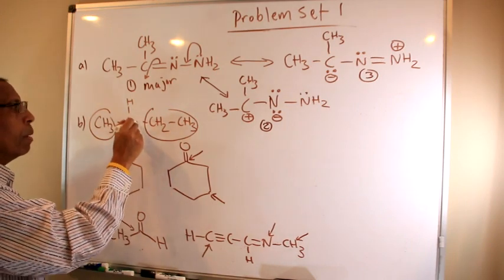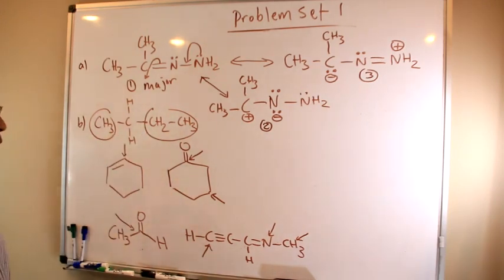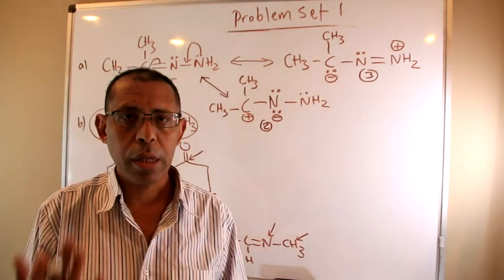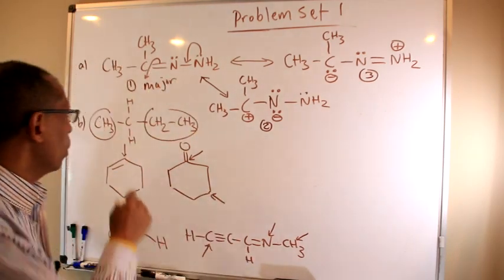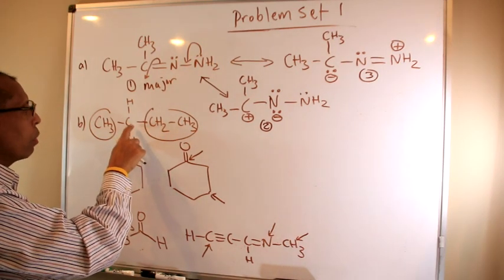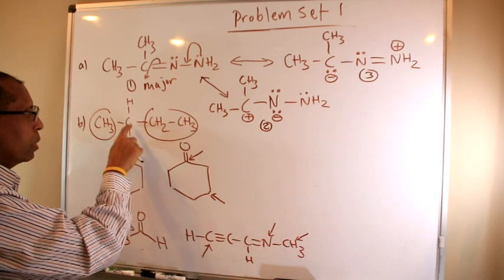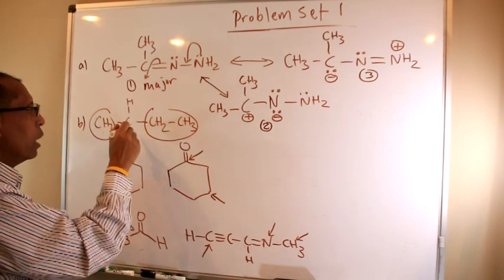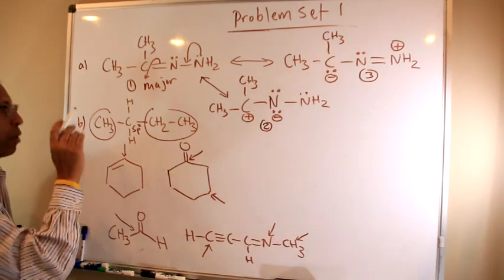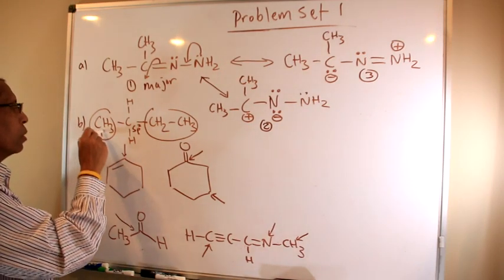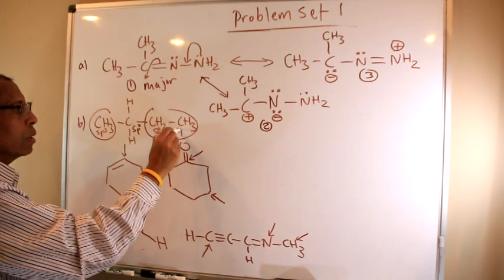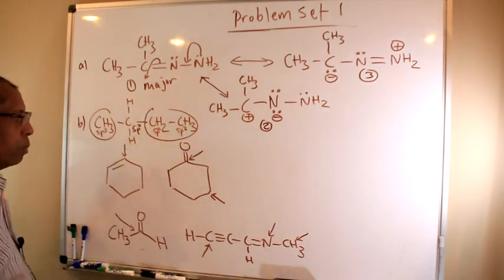So the only bonding situation that can accommodate 4 atoms around carbon is tetrahedral geometry. So carbon around that has a tetrahedral geometry. For that carbon, it is an sp3 hybridized orbital. For that matter, all of them are sp3. This is sp3, this is sp3, this is sp3. All of them are sp3.